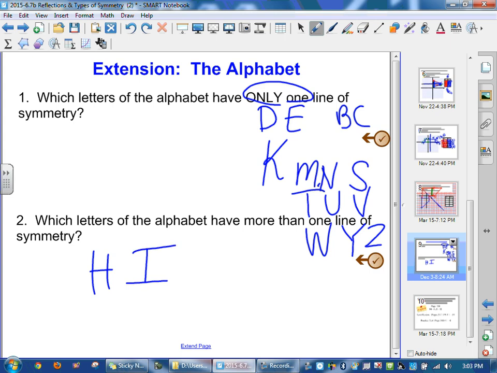O is unlimited. Good. O, P, Q, R, S, T, U, V, W, X. There we go. Okay. This concludes lesson 7B of reflections and lines of symmetry.